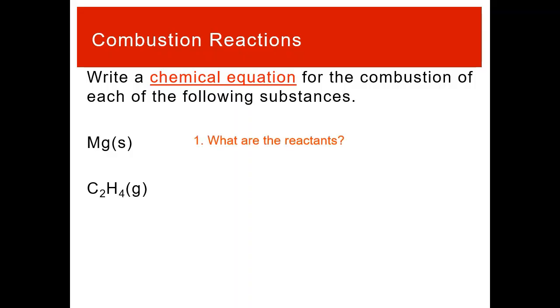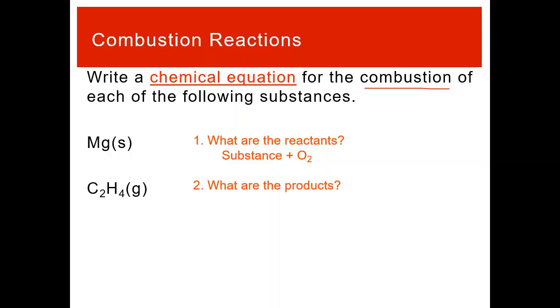Because it's a combustion reaction, I know the reactants are whatever's undergoing combustion plus oxygen. When we see the word combustion, we want to be thinking oxygen is one of my reactants. You do need to be given the other reactant, in this case magnesium and ethylene, but it is implied that the other reactant is oxygen.